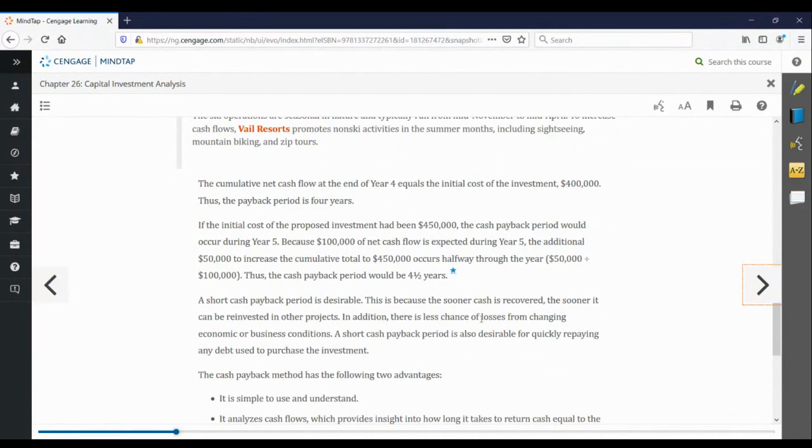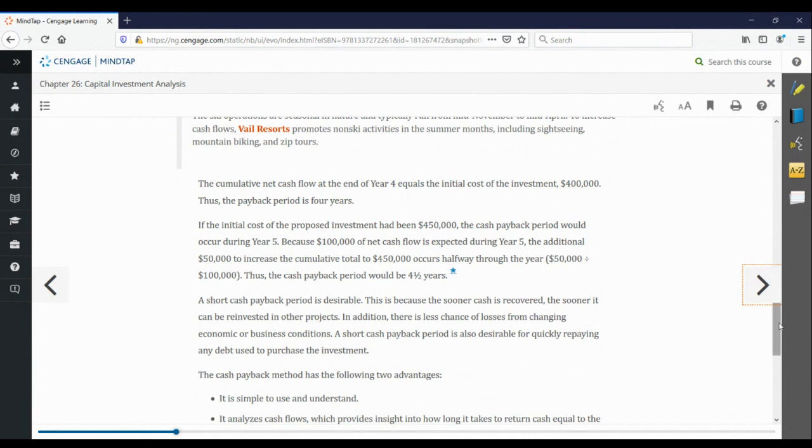Now, something that could happen if you're using the cash payback period is there's a what if here. What if the proposed investment had been $450,000 instead of $400,000?